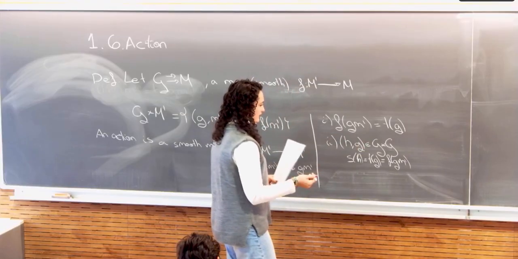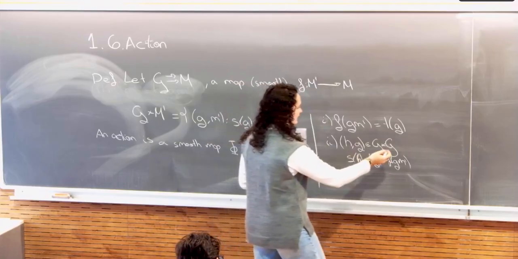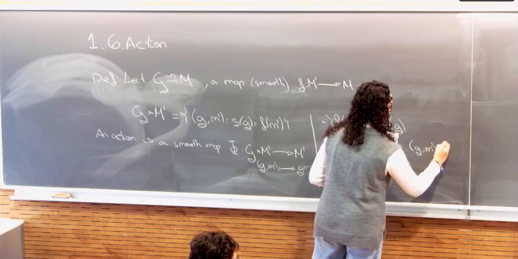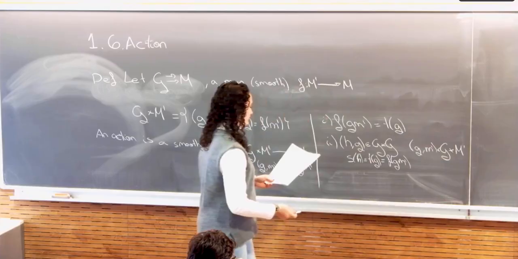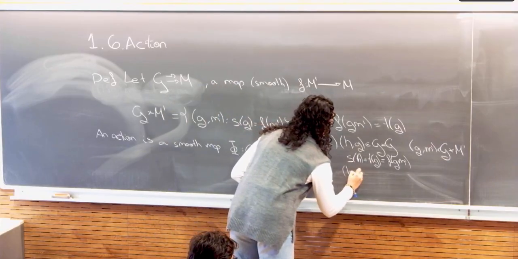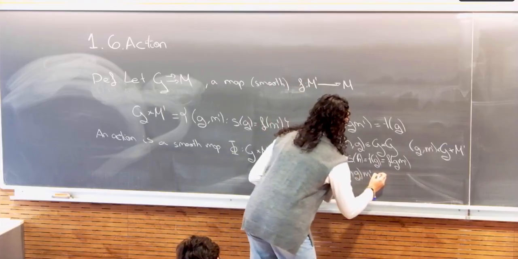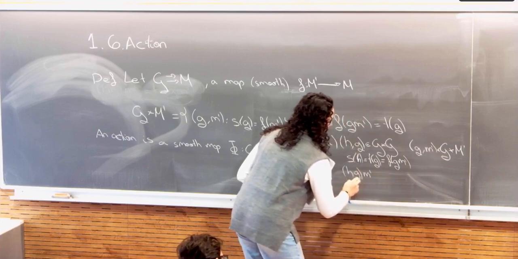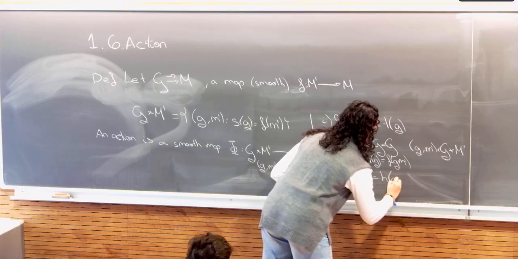So if we have H that is composable with G and a pair of G star N prime, then we impose simply that the multiplication of H with M is equal to this thing.